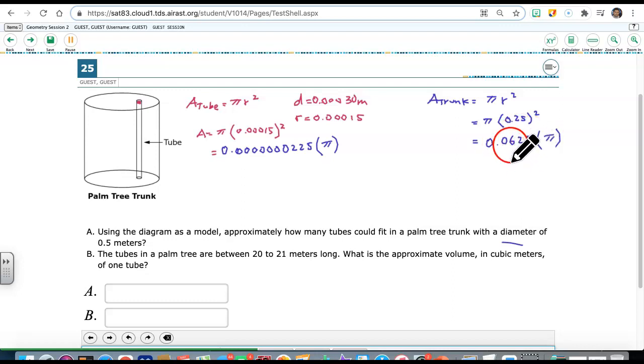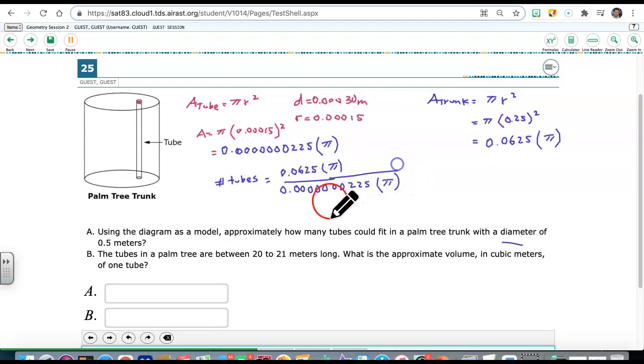Which one is bigger? The trunk. So I need to know how many of these go in here. In order to do that, I divide this by this, and that's going to give me the number of tubes. The big number divided by the small number. So the number of tubes is going to be given by 0.0625 pi over this number, 1 2 3 4 5 6 7 zeros 225 times pi.